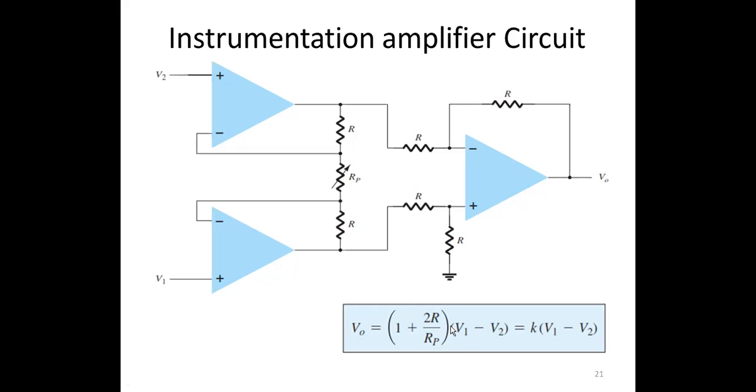This factor is the one which is amplifying this difference, and this is denoted by K. So this factor is 1 plus 2R over RP. So this R is these resistors of same value. For this circuit, all these resistors are of same value, and this is the potentiometer. RP is the potentiometer.